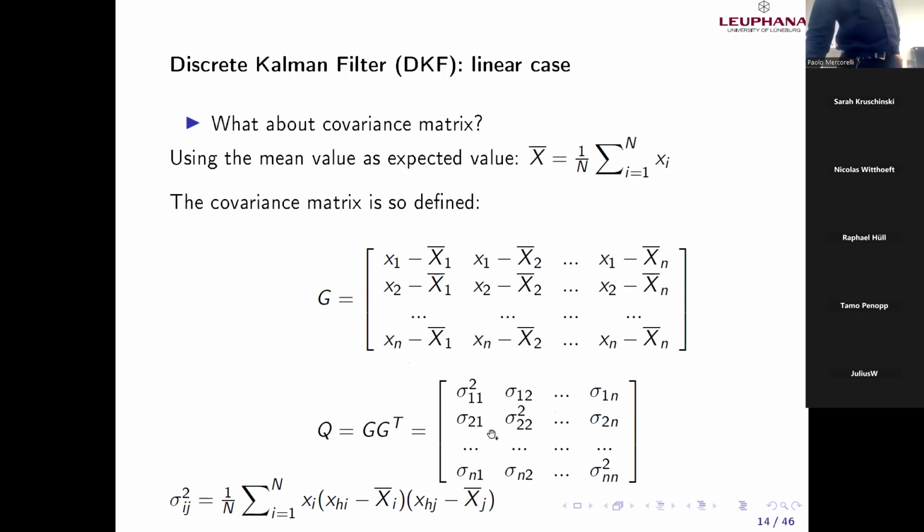In the diagonal, we have the variance of the current and the variance of the velocity. But of course, we also have these two components which measure the interconnection between them. At this moment, don't learn this, just the idea.